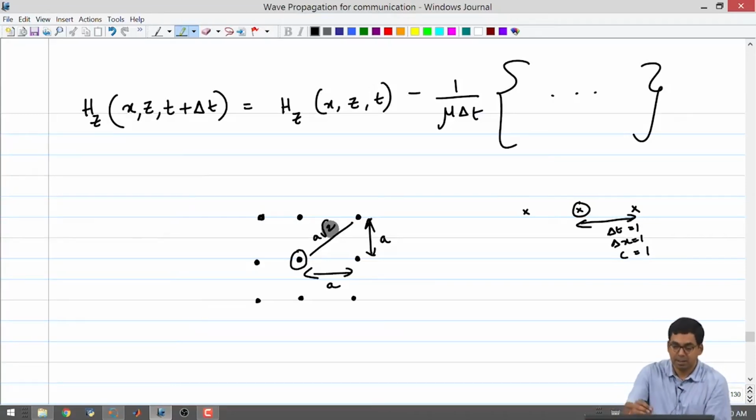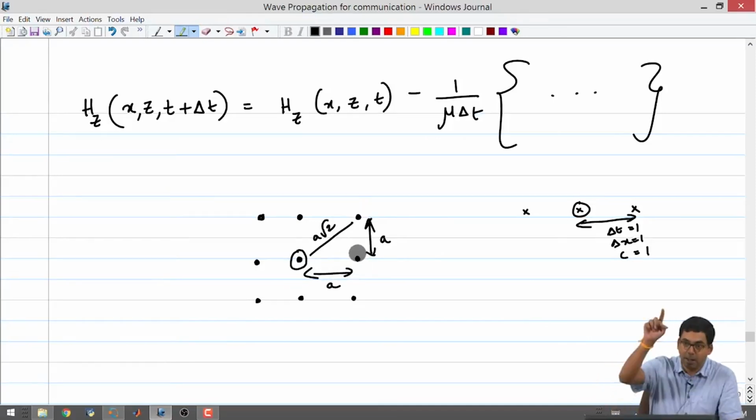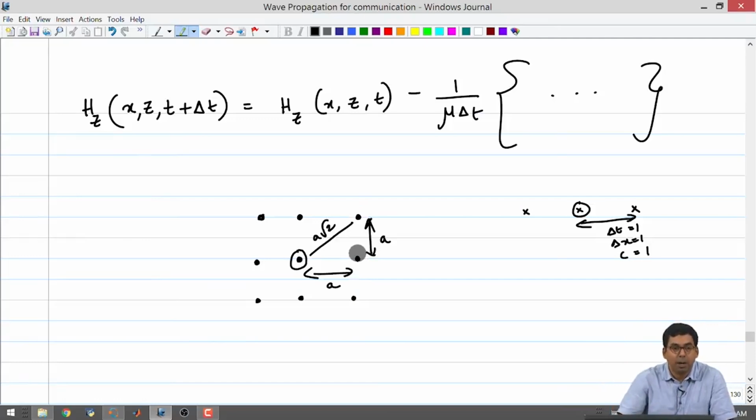So, in this case, we have to consider this to be the maximum velocity because in delta t it travels a root 2 distance, but in the other directions, for a time delta t it travels a distance only of a. So, in the Cartesian directions x and y, your velocity is only a divided by delta t, but in the diagonal direction it is a root 2 divided by delta t. Those things come into the picture.